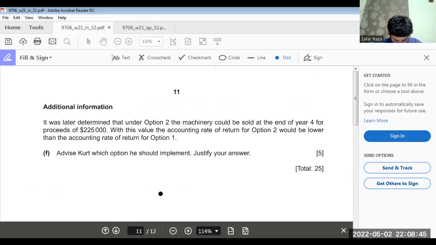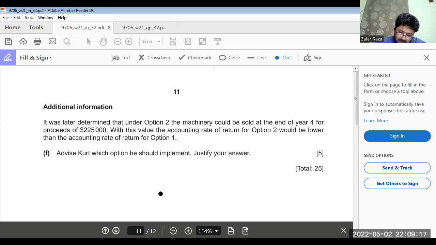Now, if you see ARR, average rate of return, ARR would be higher, means option 1 is better.